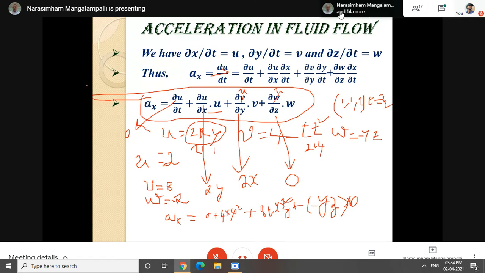Similarly, you can write ay. Ay is dou v by dou t plus u dou v by dou x plus v dou v by dou y plus w dou v by dou z. Now what is dou v by dou t?